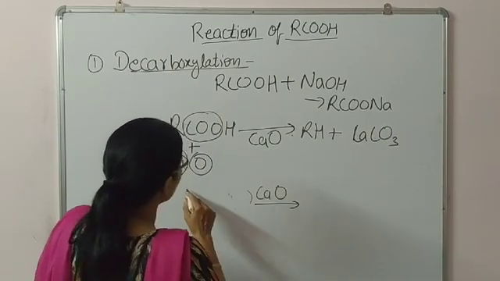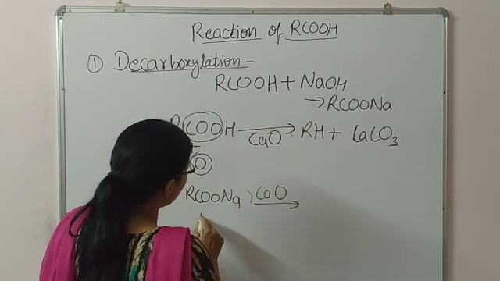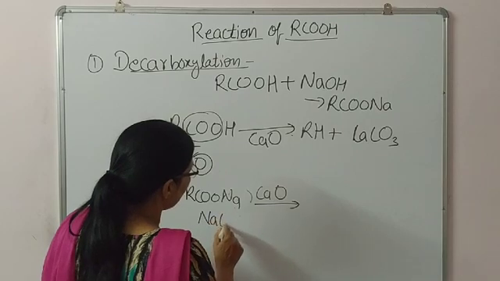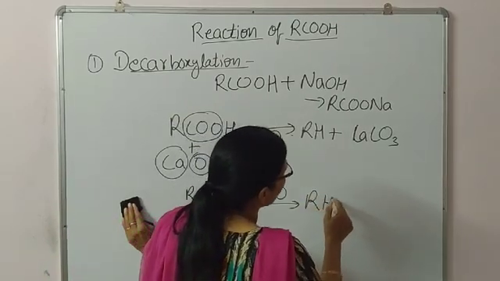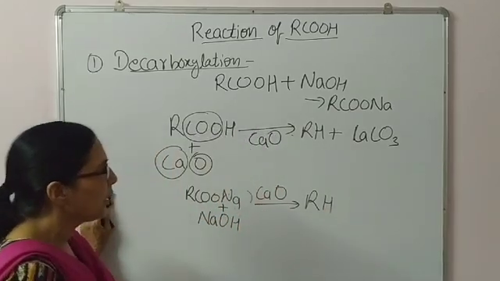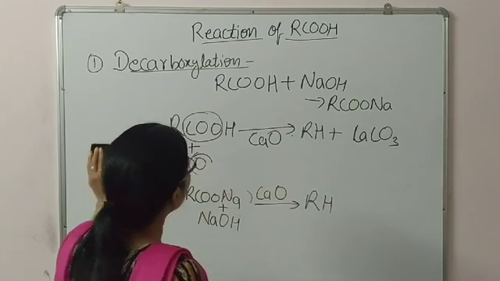Or in all you can say RCOONa in the presence of soda, meaning caustic soda and lime, then there will be formation of alkane along with Na2CO3. Sometimes CaCO3 may be mentioned in your book.